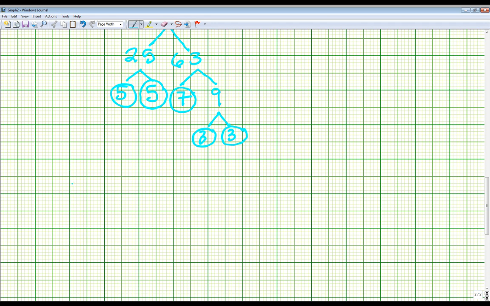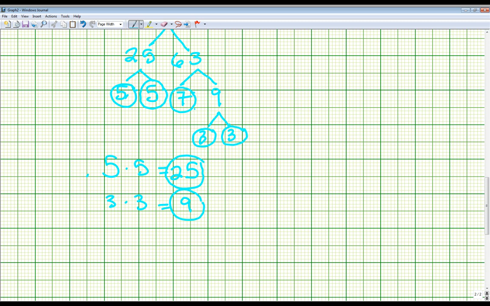If you look at these numbers, a 5 is a perfect square because 5 times 5 would get you 25. So that's a perfect square. Then you can look at the 3s. 3s are perfect squares because 3 times 3 would get you to 9. That would work. 3 times 3, 5 times 5.